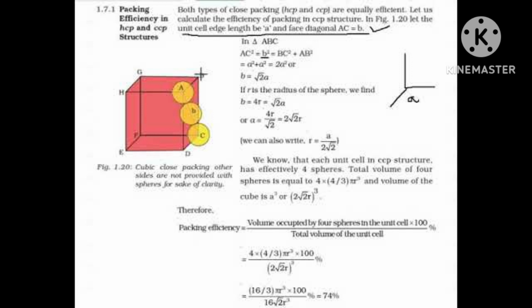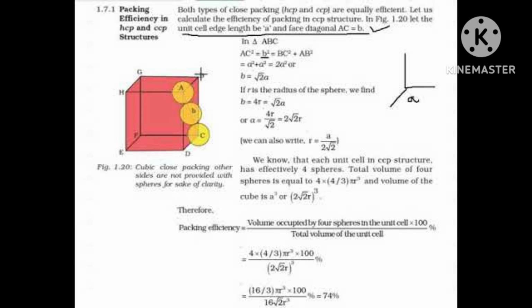square. So AC square is equal to 2A square. Then what is the value of AC?